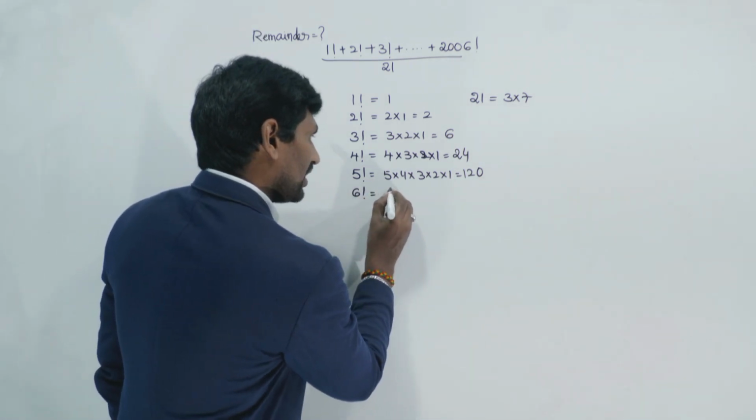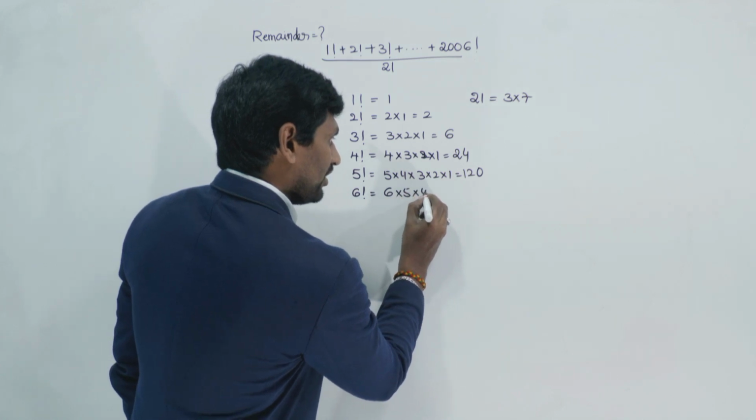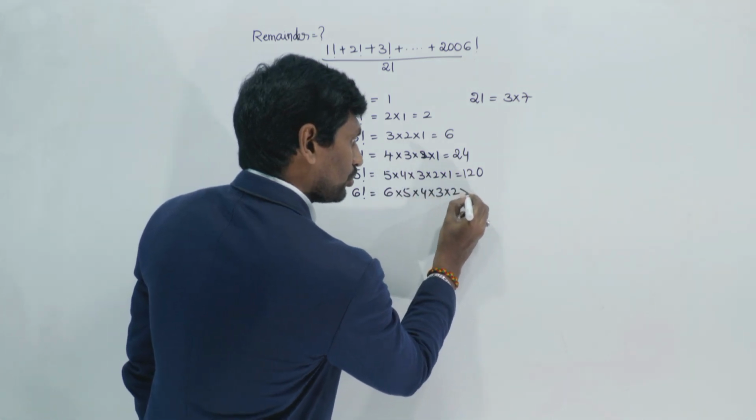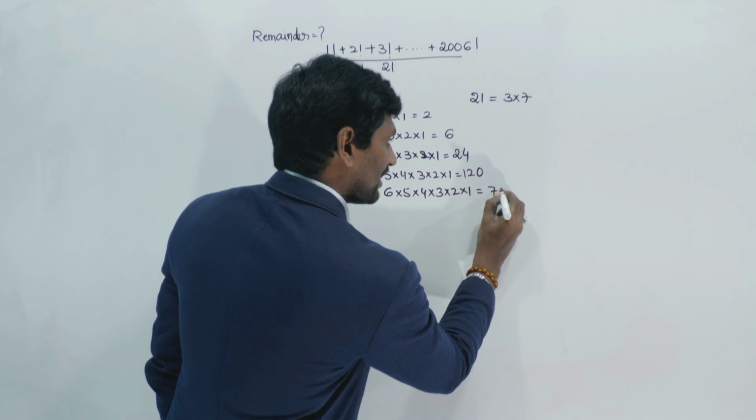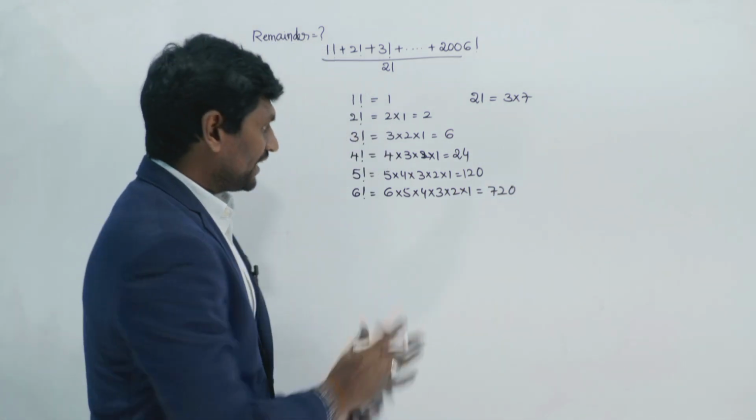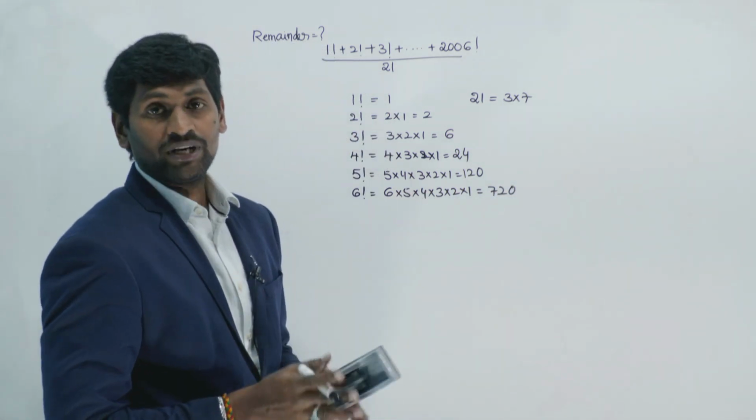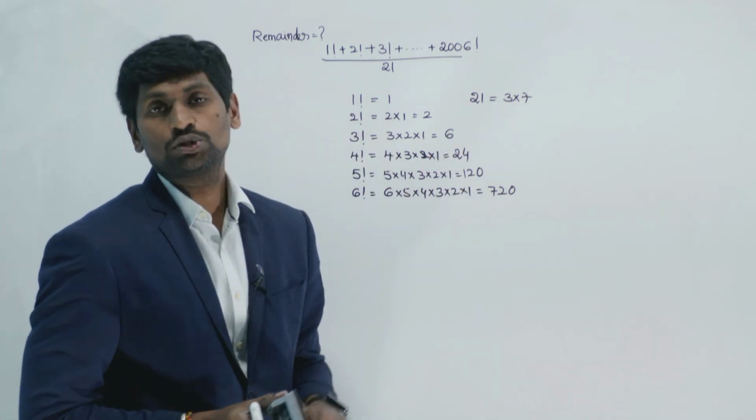What is 6 factorial? 6 into 5 into 4 into 3 into 2 into 1, that is 720. Until here we should check the remainder when divided by 21.